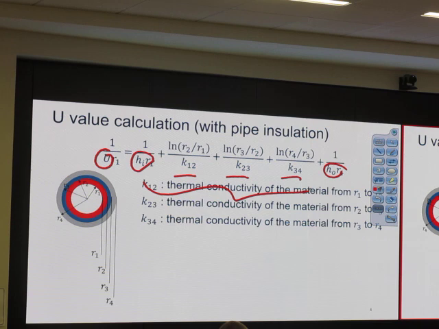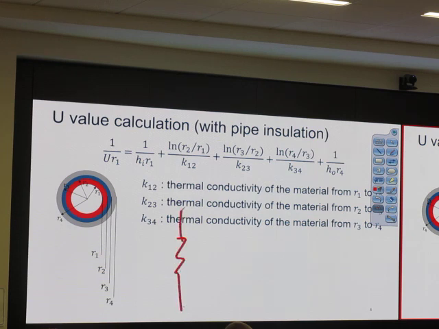This kind of average is the same thing you do for resistors, when you add resistors in parallel, the net resistance becomes less. So this is the same: the U value will be the lowest of them all.